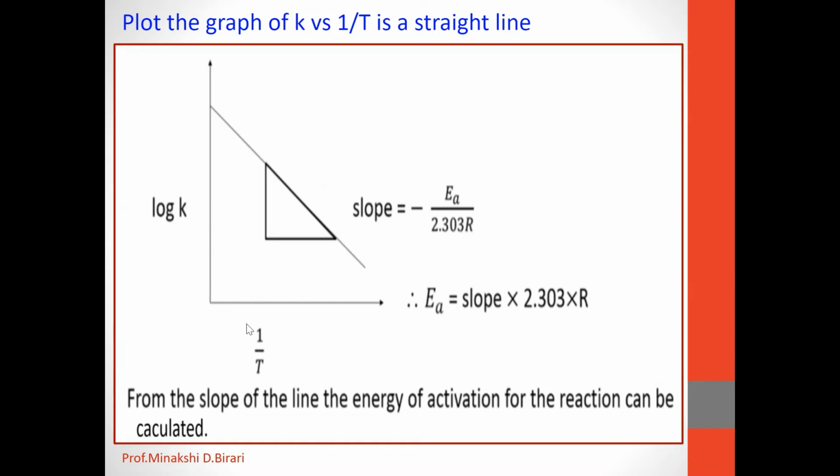So, from the slope of the line, the energy of activation for the reaction can be calculated. If we have the value of the slope and R, we can calculate the energy of activation, EA.